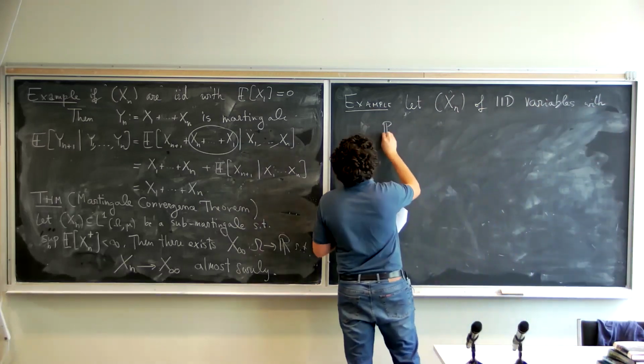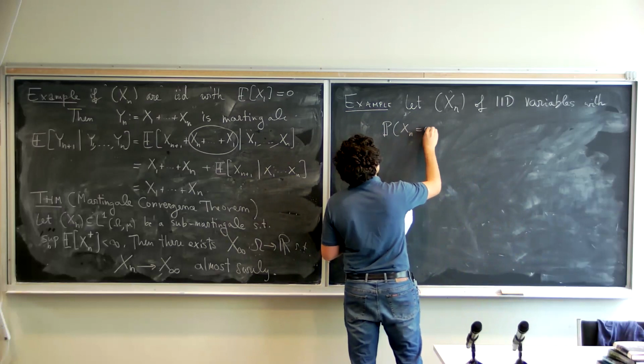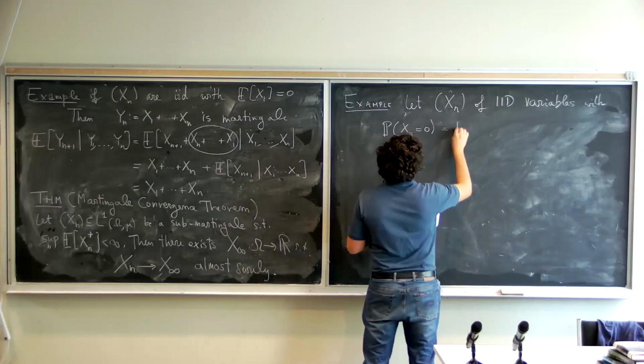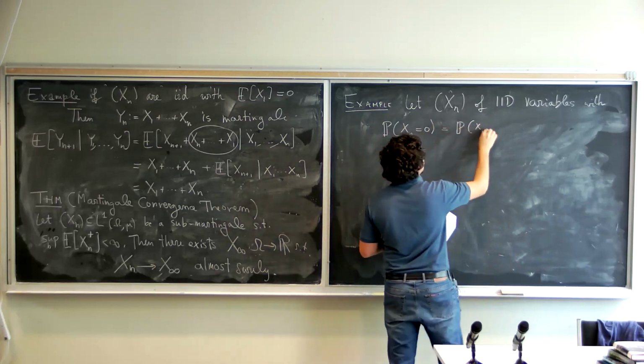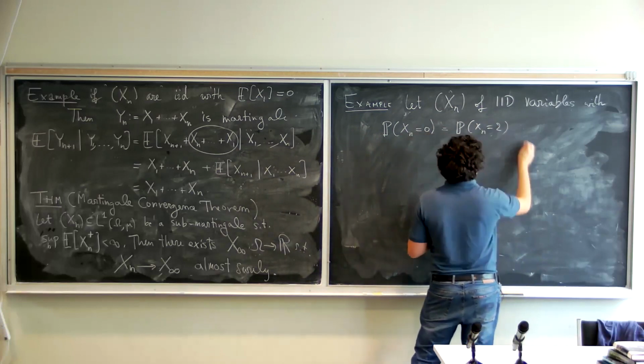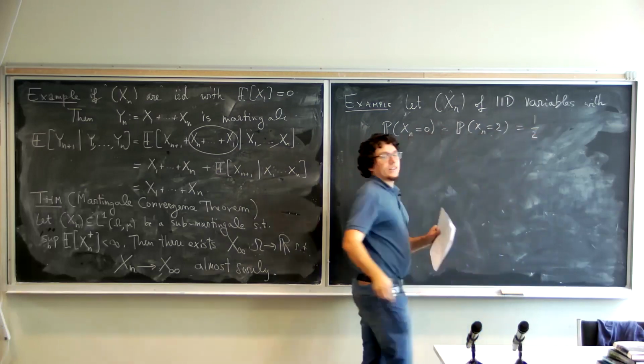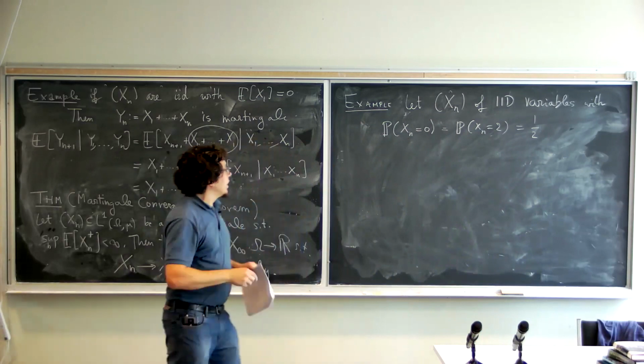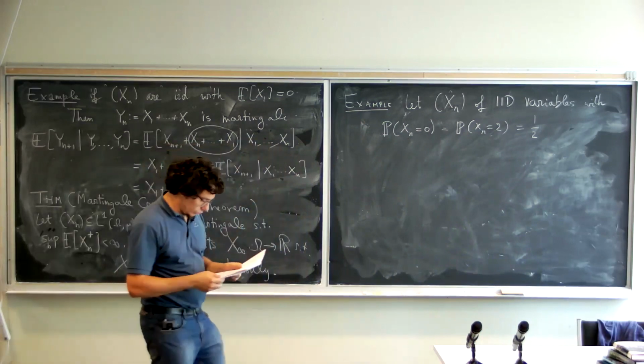The probability of xn equals 0 is the same as the probability of xn being 2, which is 1/2. So this variable is either 0 or 2.